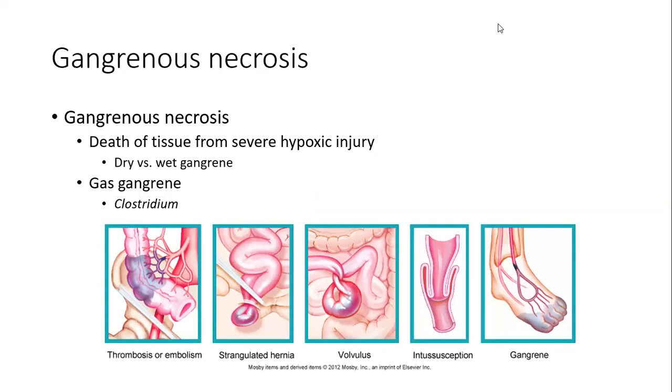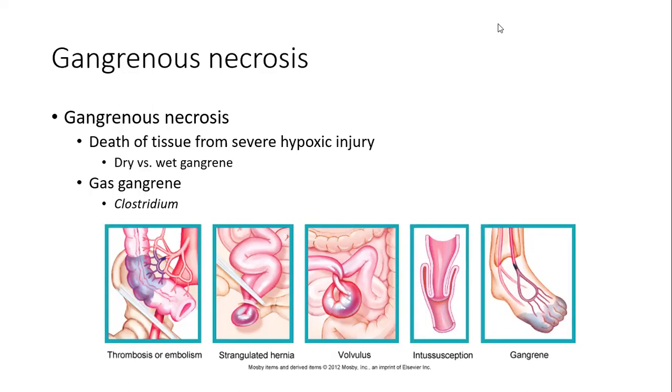Gangrenous necrosis is a type of ischemic injury. It's death of tissue from severe hypoxic injury. Dry gangrene is typically on the extremities, and it's usually self-contained. You might see a black toe, and the tissue surrounding it is healthy.